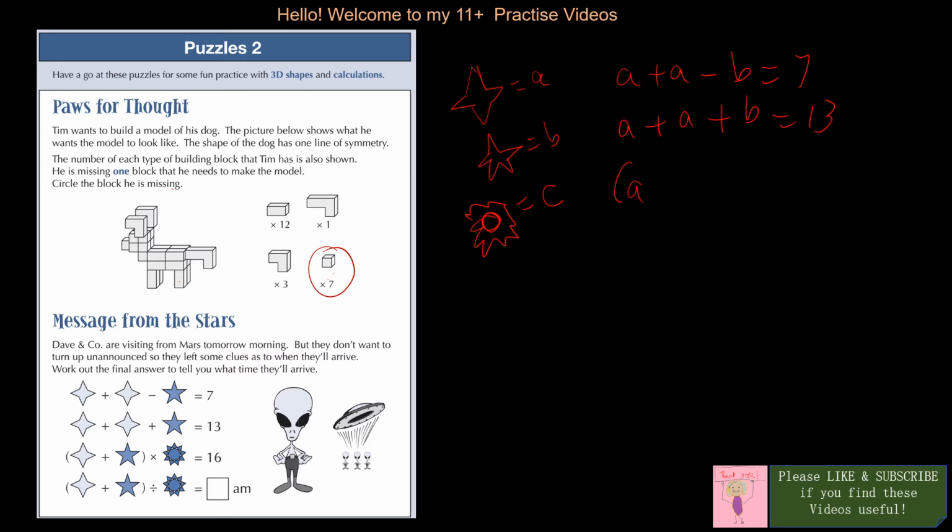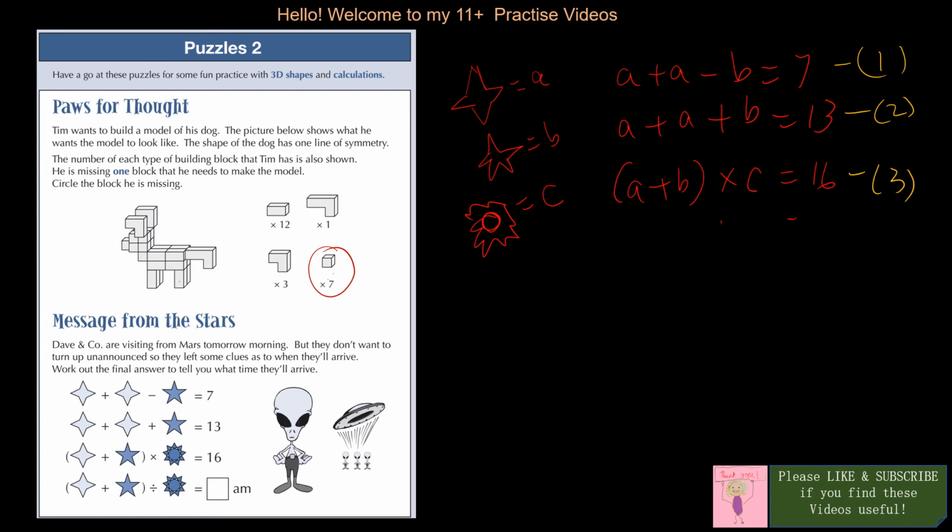Then A plus B times C is 16, and A plus B divided by C is what we have to find out. So let us ignore that bit, and focus on this. Let us number these equations.